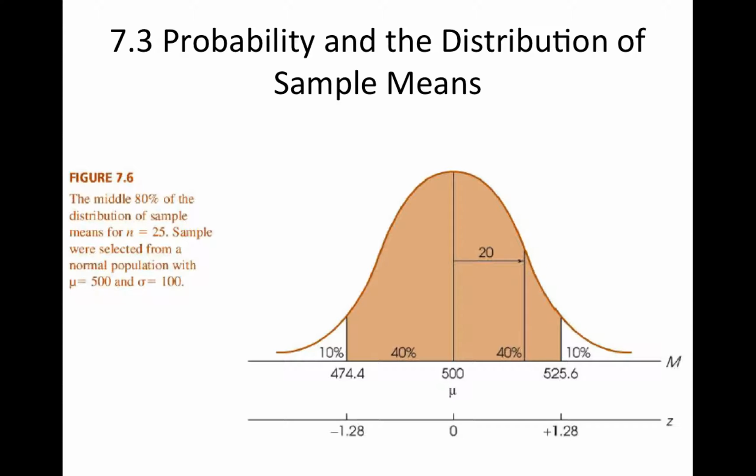Again, this number, 25.6, would be found by multiplying 20, the standard deviation, times 1.28. The z-score corresponding to the cutoff point between 40% of the distribution and the mean and the rest of the other 50% of that half of the distribution. And if you haven't got that, of course, you can take a moment to think about that, see if you can figure out how that all works out yourself.